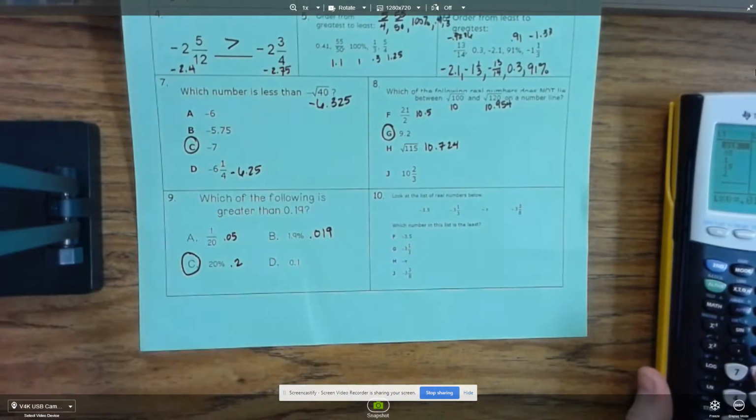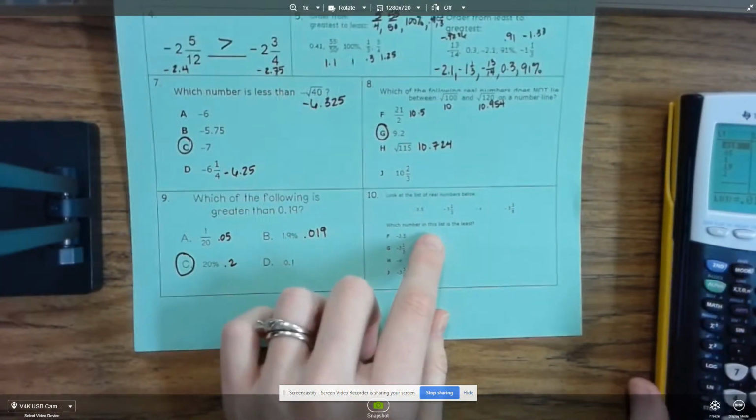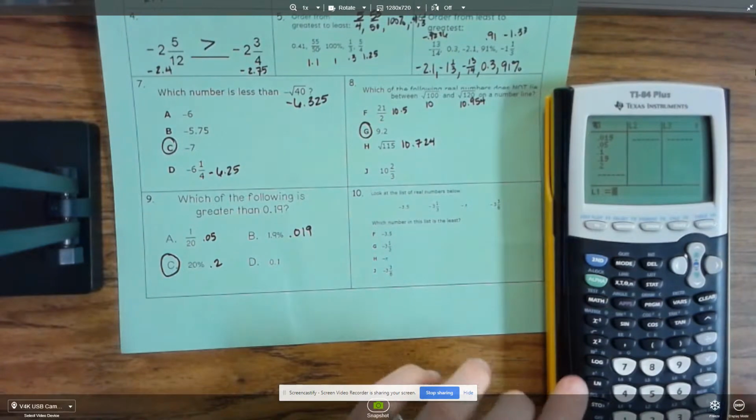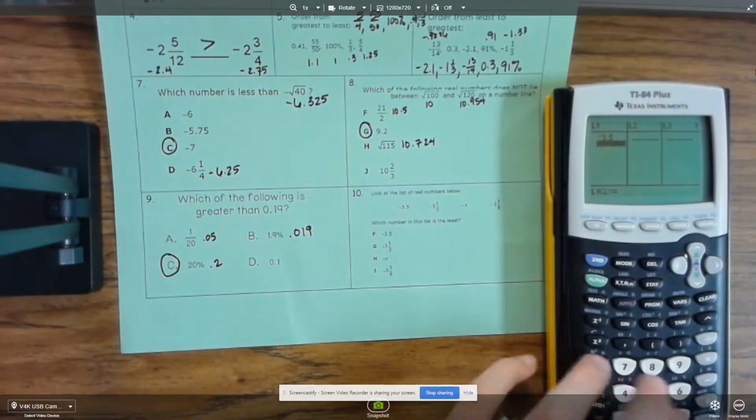All right, this one says, look at the list of real numbers below. Which number in this list is the least? Again, we can order these numbers.